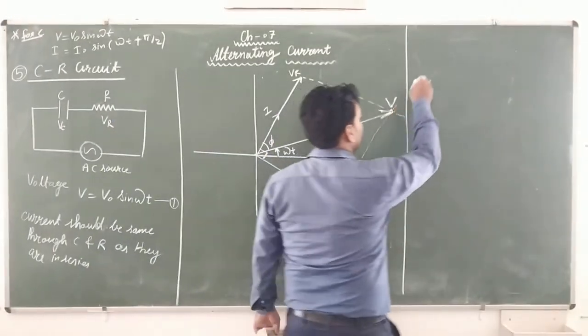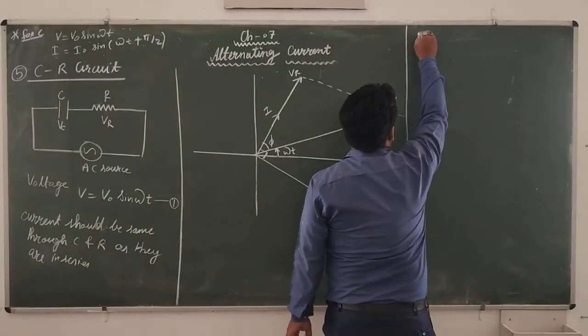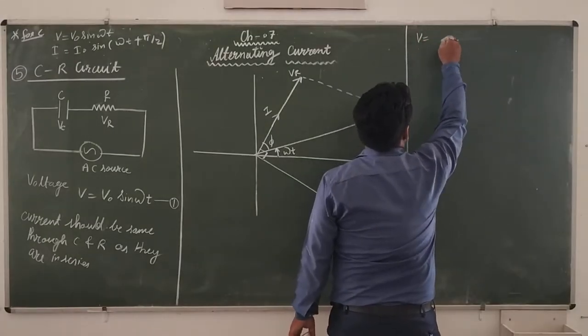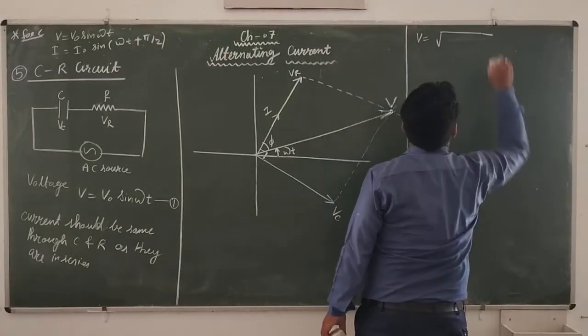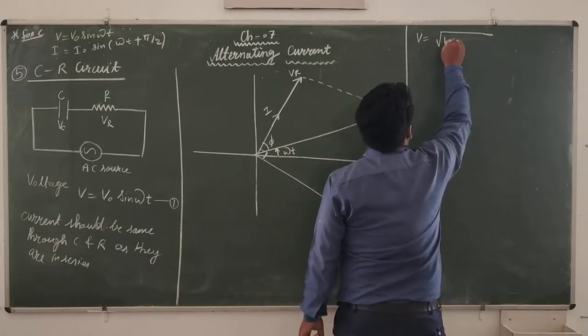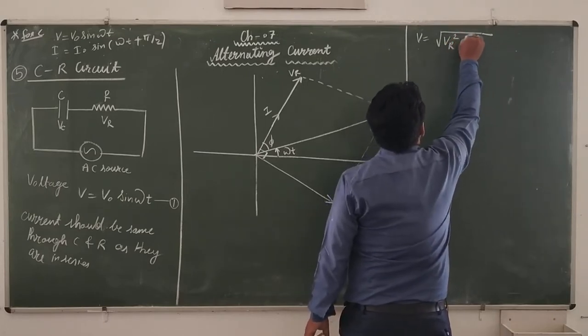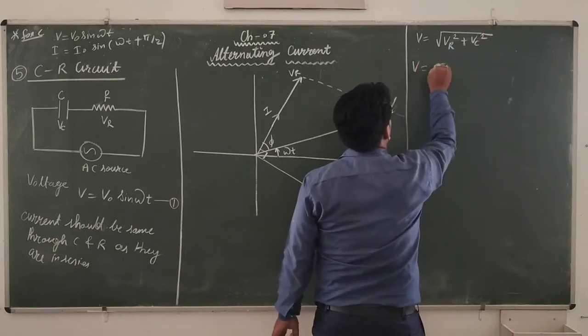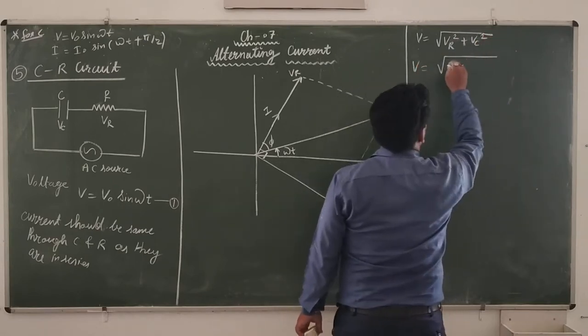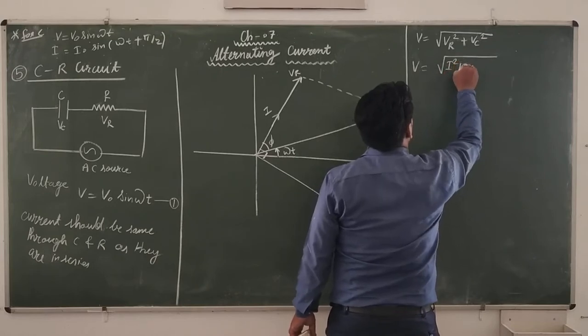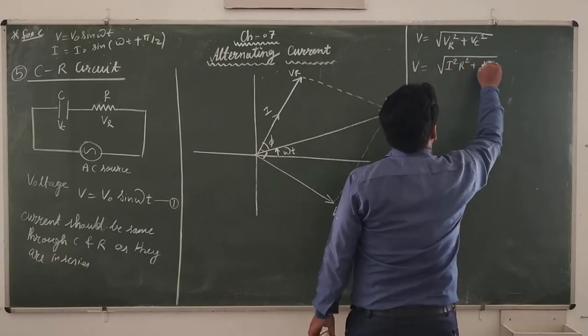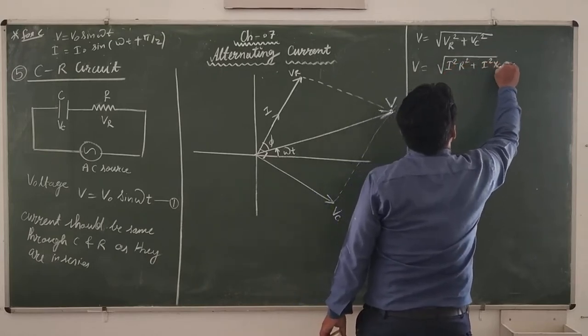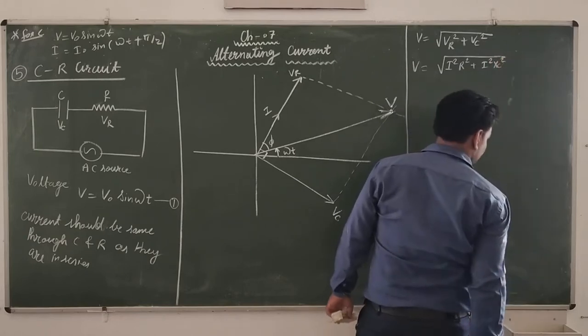So for this circuit we have V is equal to under root VR square plus VC square. So V is going to be under root I square R square plus I square XC square. What is XC here?